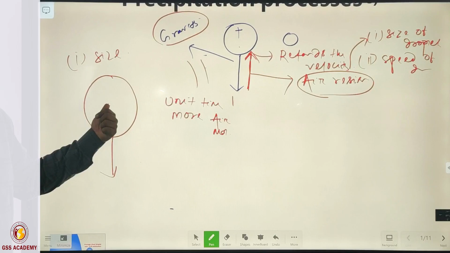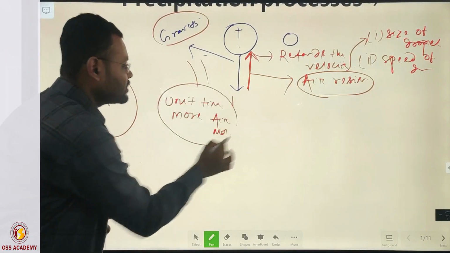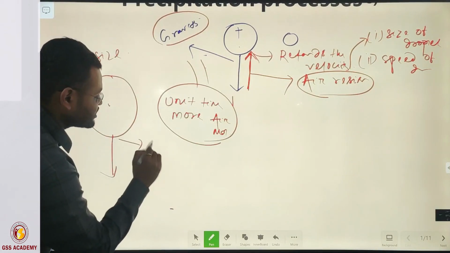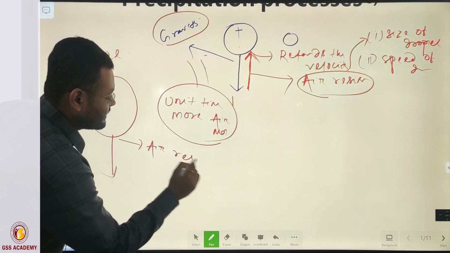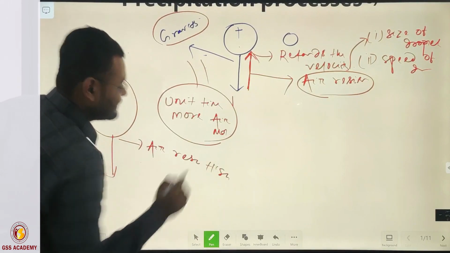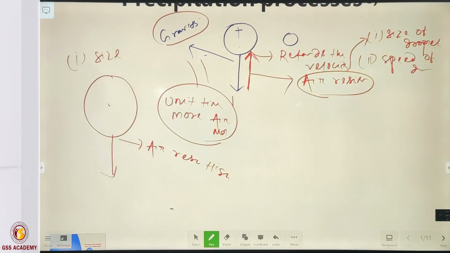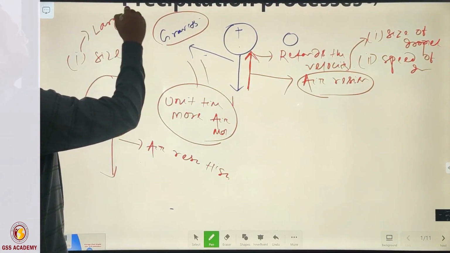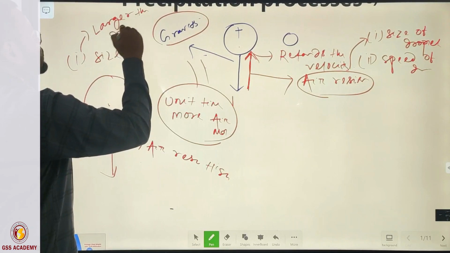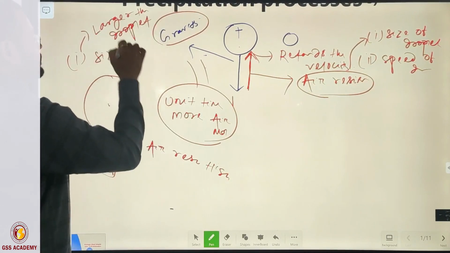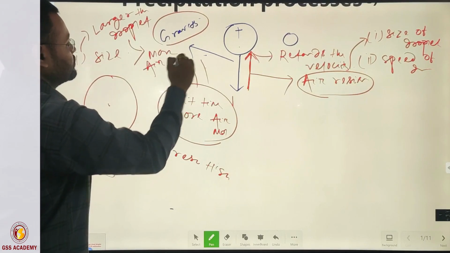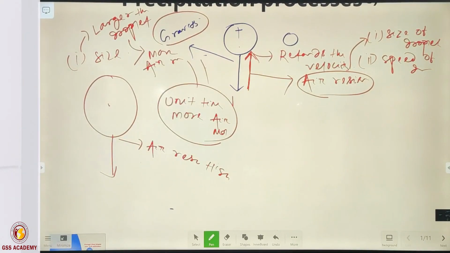Now if this droplet is encountering more air molecules in a unit time, that means air resistance will be relatively higher. That means the larger the droplet, the more will be the air resistance.